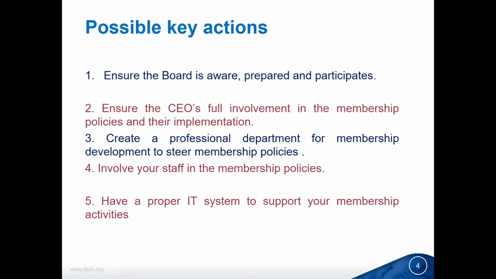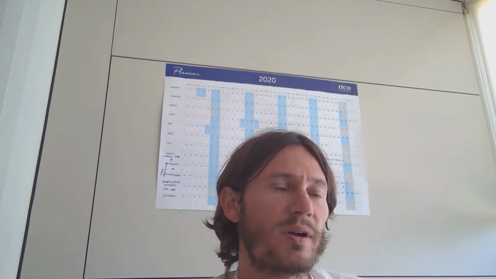Number three, the creation of a professional department for membership development. Number four, involve all the staff, as I mentioned before, in the implementation of membership policies. And number five, have a proper IT system supporting your membership activities. Let's now review each of these five points one by one, and let's try to be more explicit on what can be done.